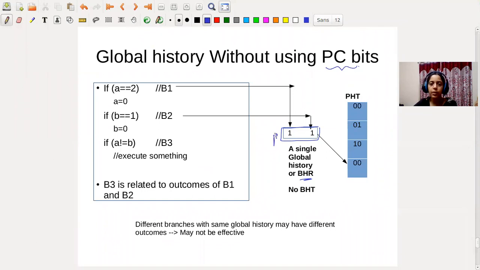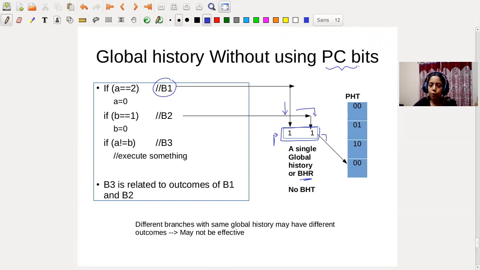This is a global history register, which means that we are not keeping track of any specific branch, but we keep track of different branches. If the outcome of this particular branch is taken, we update it here, and the next one is updated here. So basically, it is just going to keep shifting left according to the outcomes of the branches.